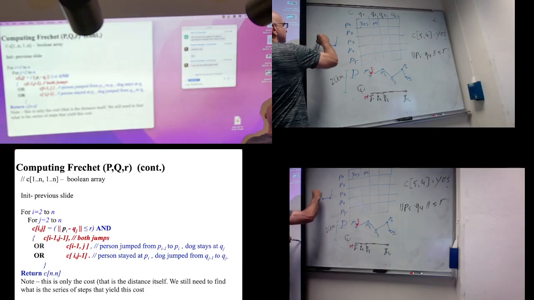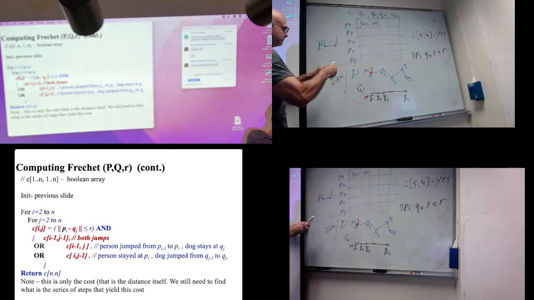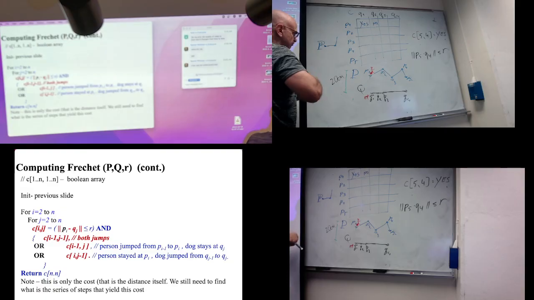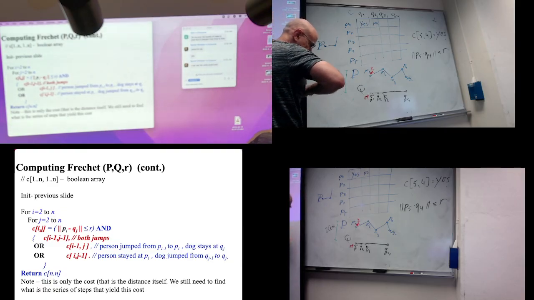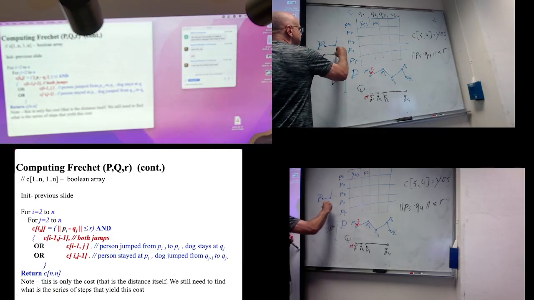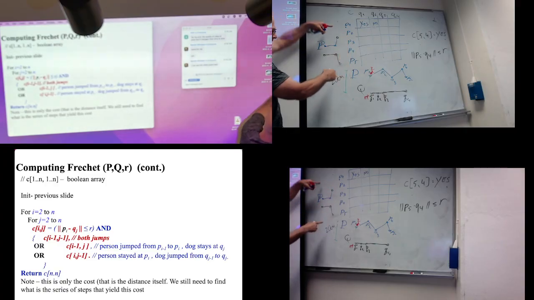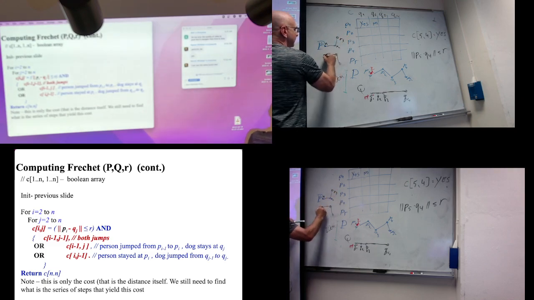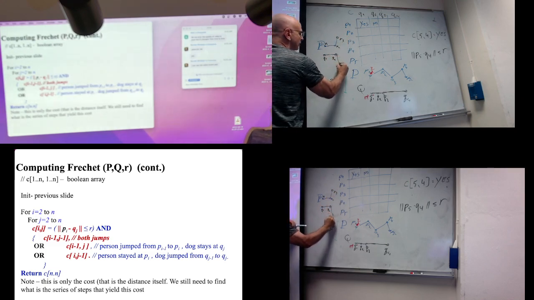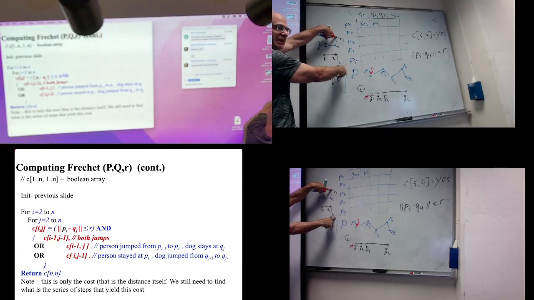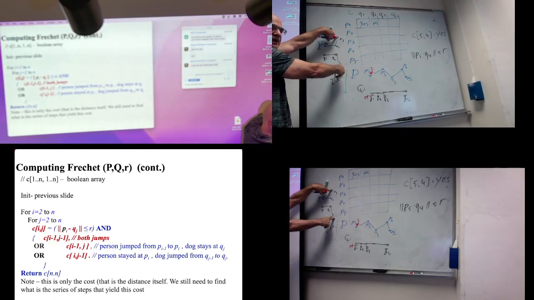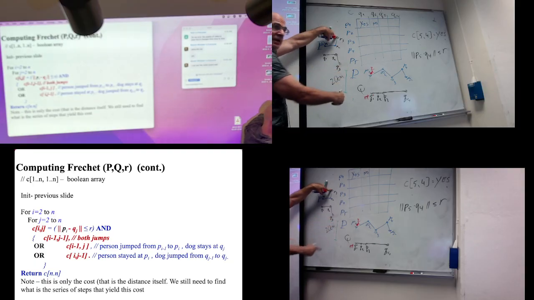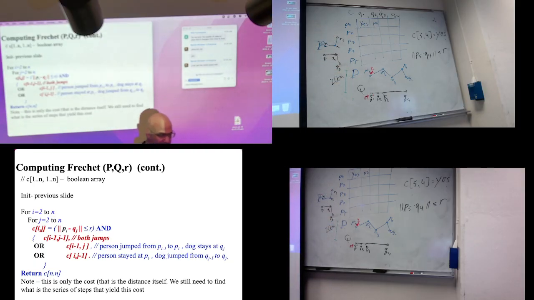Here is P, different example. Here is Q. P1, P2, P3, Q1, Q2, Q3. And if the distance between P3 and Q3, the final destination, is more than the length of the leash, then the answer in Cij should be definitely no. You cannot do the whole trip because you cannot even finish it at this point.